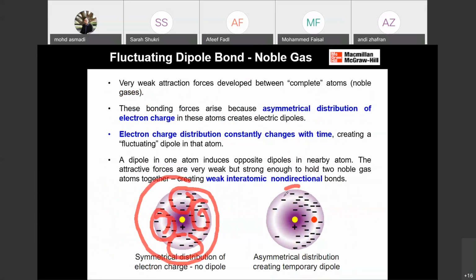This one distributes non-equally, toward the left, so this one is asymmetrical. So they can possibly form structural dipoles between molecules. This is what we call asymmetrical or symmetrical.